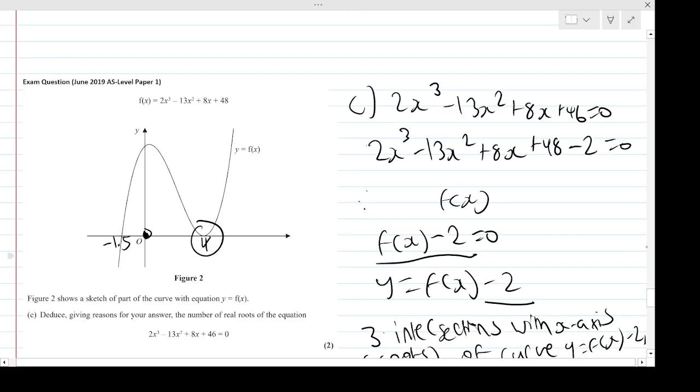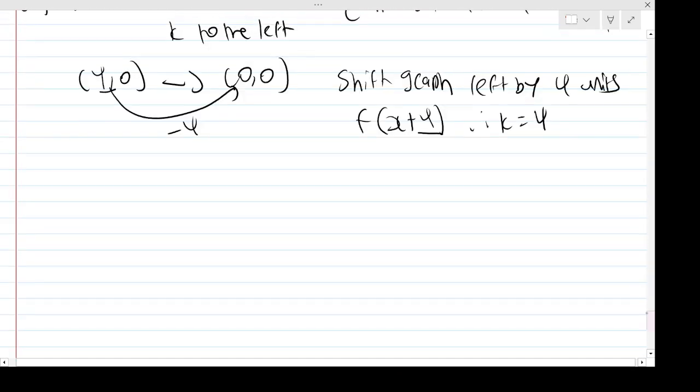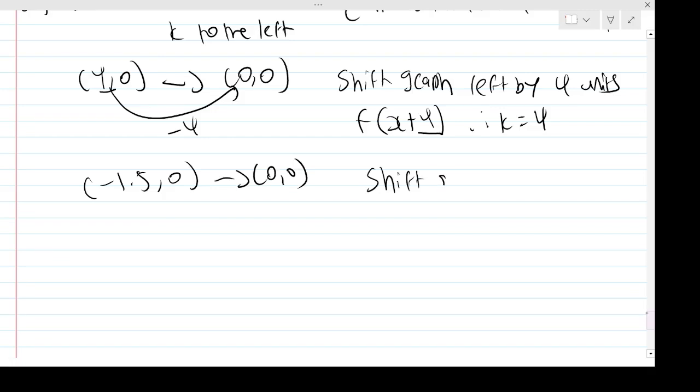Okay, so that's one value, but then the other point on the x-axis is here. This is minus 1.5. So then I need to move that to the right to 0, right? Okay, but then again, if I'm moving the point minus 1.5, 0 to 0, 0, I'm going to move it 1.5 to the right, okay? So I need to shift the graph right by 1.5 units.